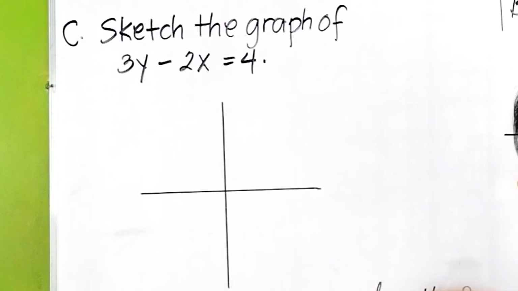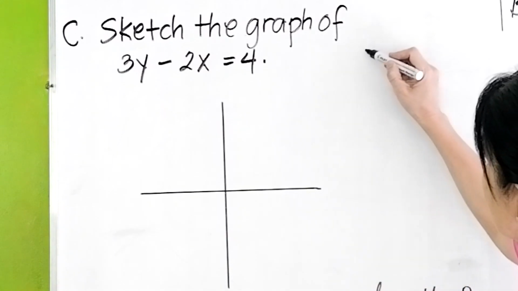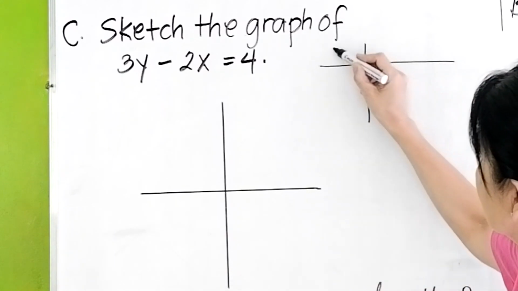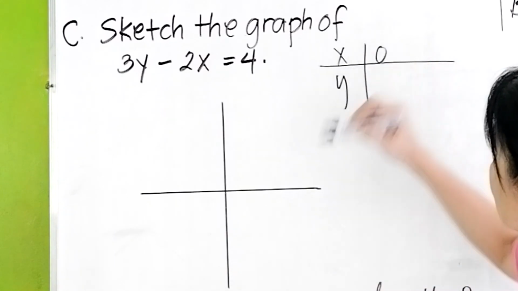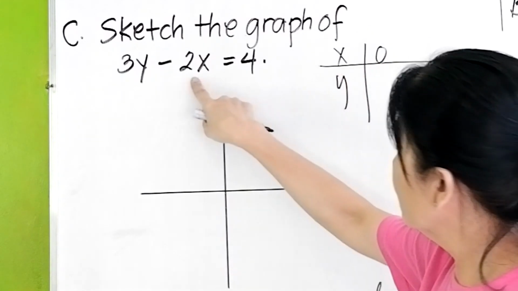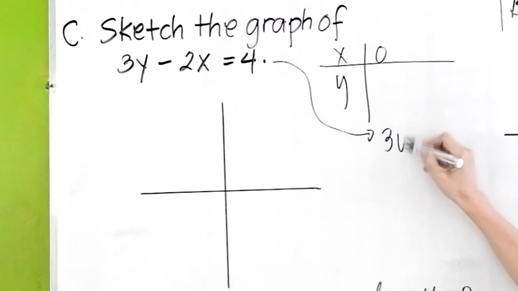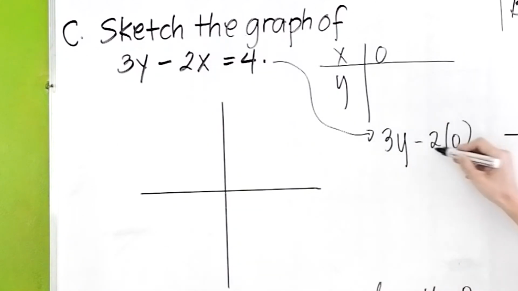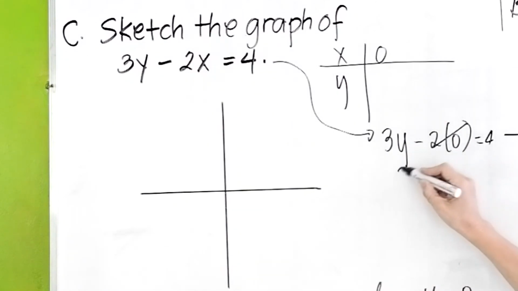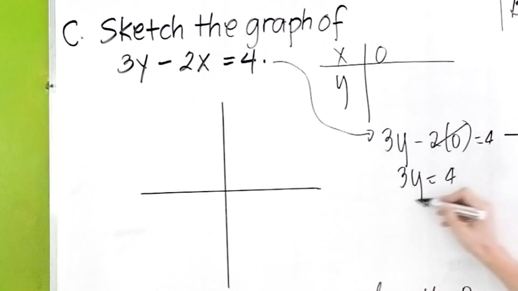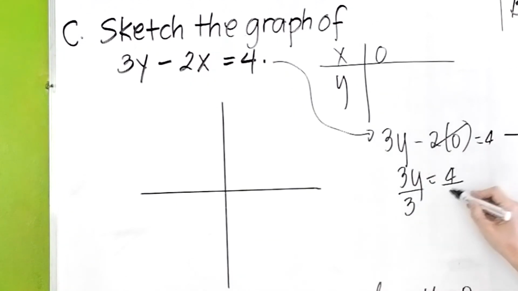Now, why is this easier? Because you're letting x be 0 immediately. When x is 0, we have here 3y minus, of course, this becomes 0 equals 4. So 3y equals 4. Divide by 3.